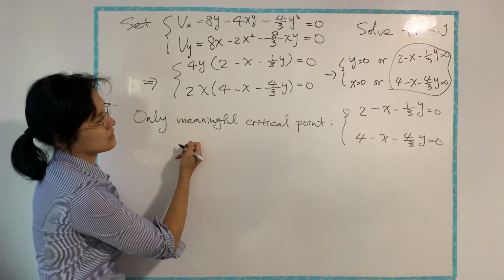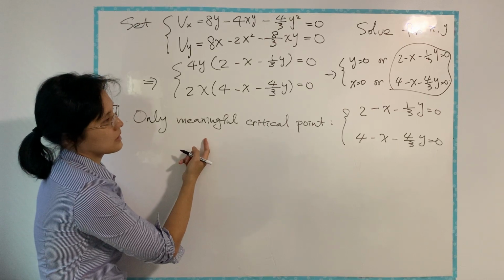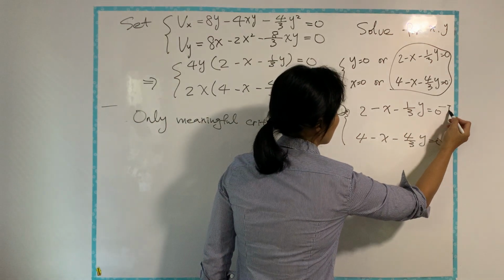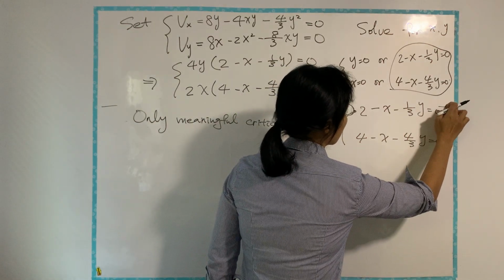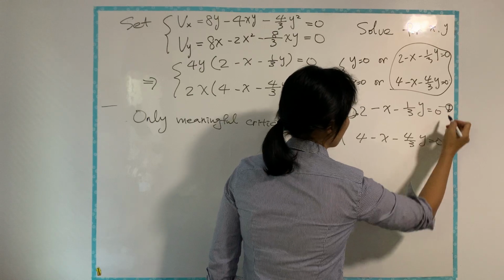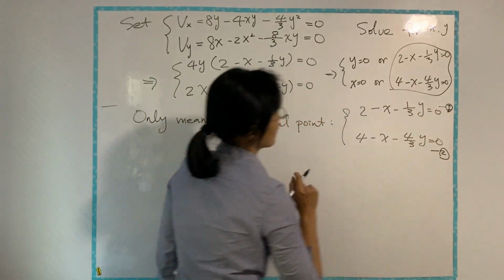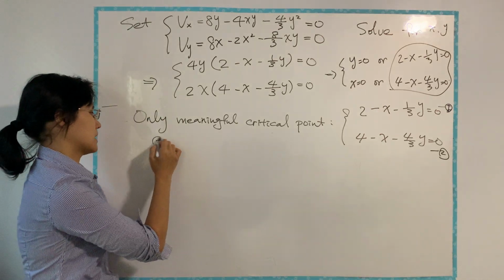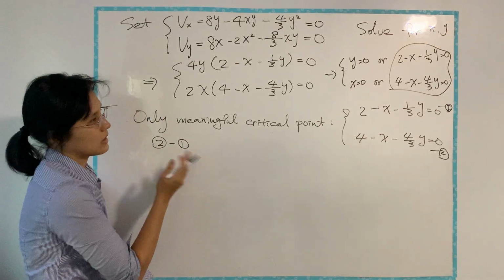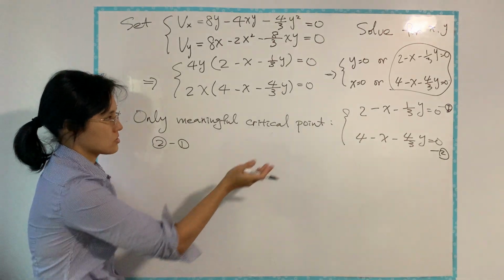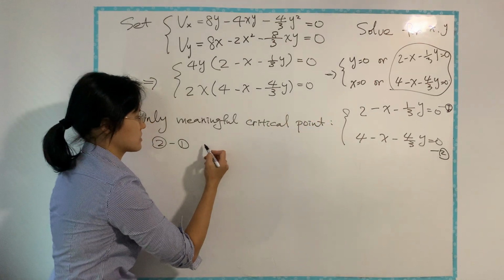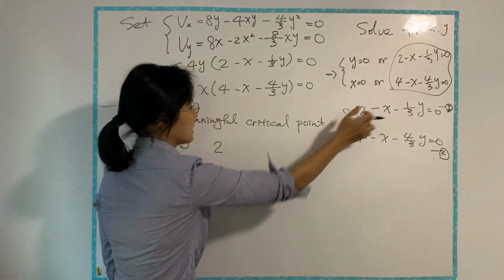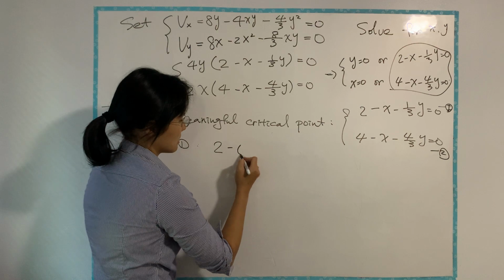So I can number this equation 1. I can call this equation 2. Okay. Use whatever way you can to solve for x and y. I'm gonna do equation 2 minus equation 1. So 4 minus 2, that is a 2. Minus x minus a negative x, that's a 0.